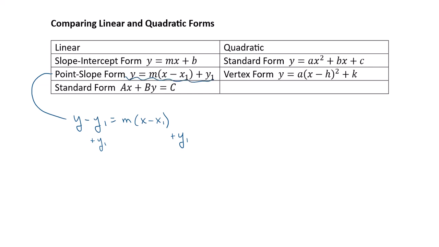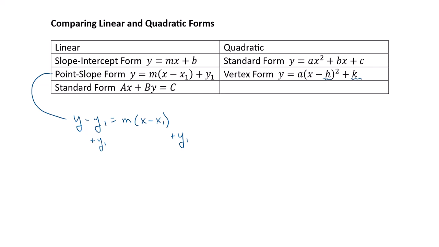That's your point slope form. And when we look at that form, we can tell where we have shifted the line. We've shifted it x1, y1. And when we're looking at vertex form, we can see what that shift is. We've shifted it h and k.